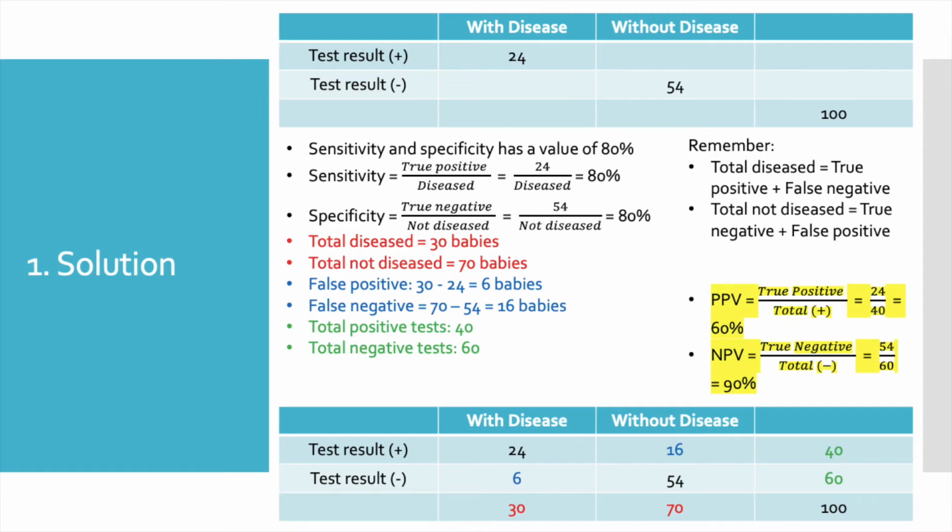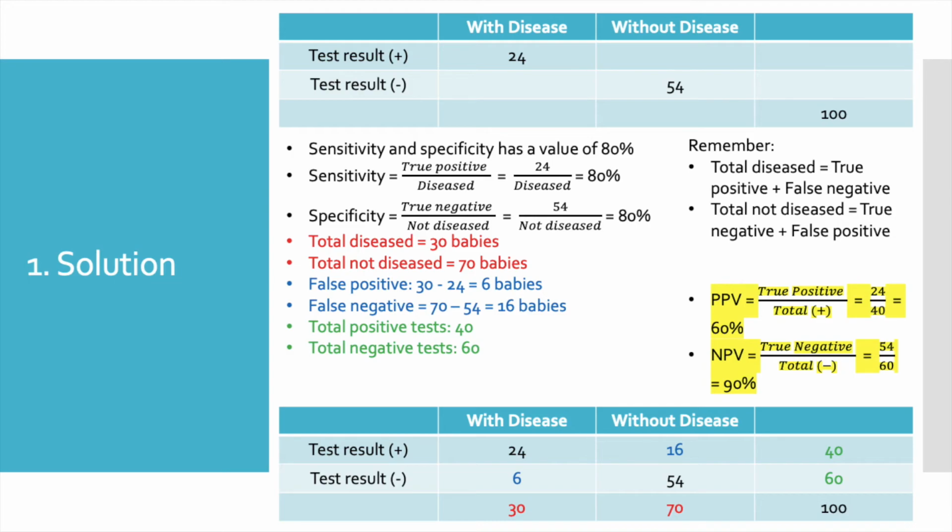Now, moving on to the third step, which is color-coded in green, you can see in the table that we can now add 24 and 16, because that will be the true positive and the false positive, and that would give us the total number of babies who tested positive.